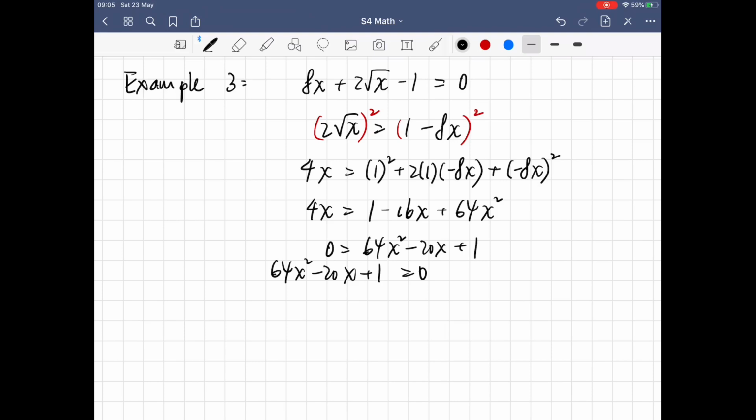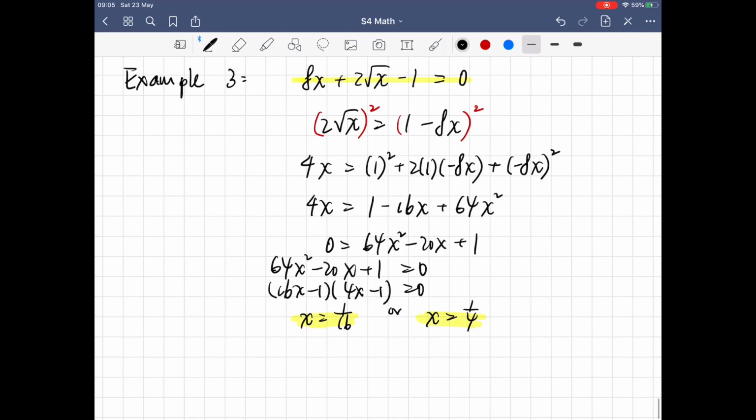And therefore, 16x minus 1 times 4x minus 1 equals 0, and x equals 1 over 16 or x equals 1 over 4. After getting two answers, we put them back into the original question.